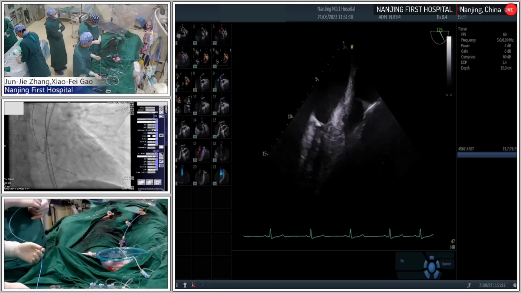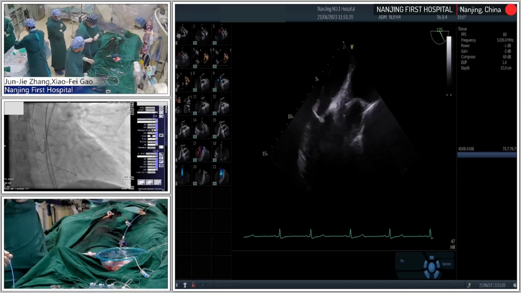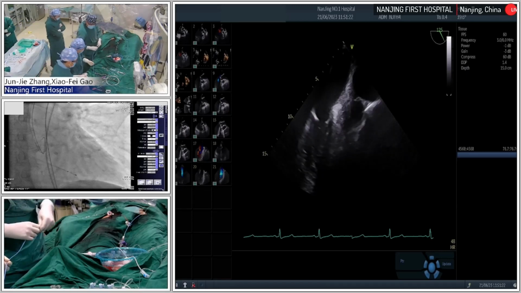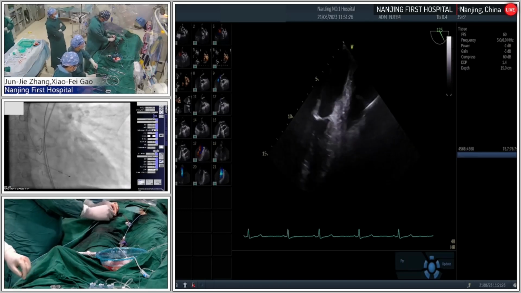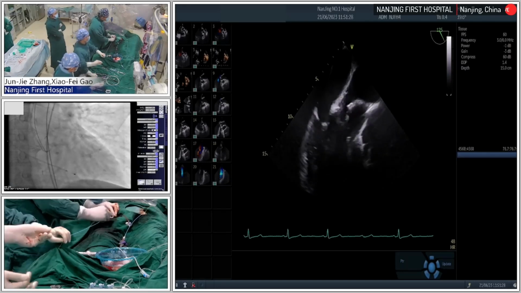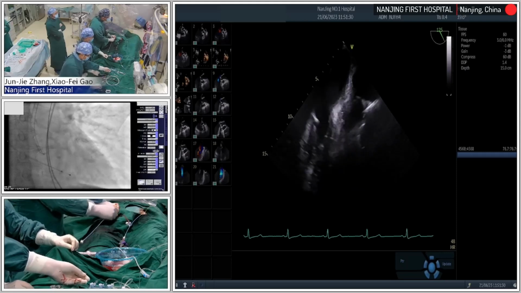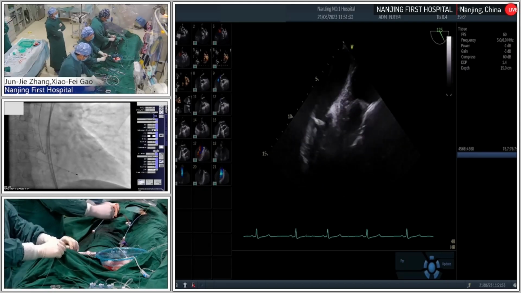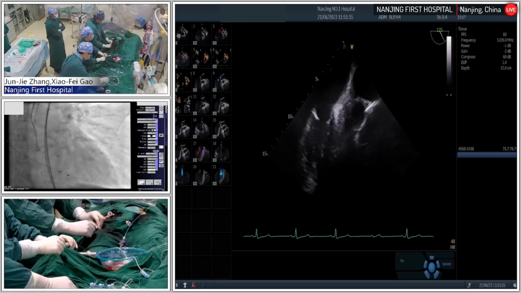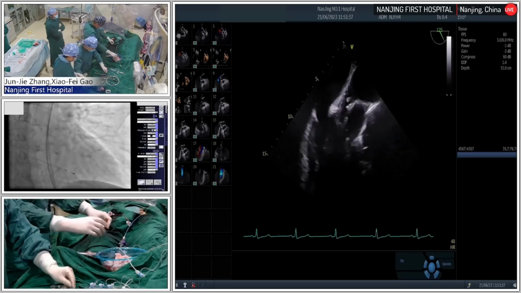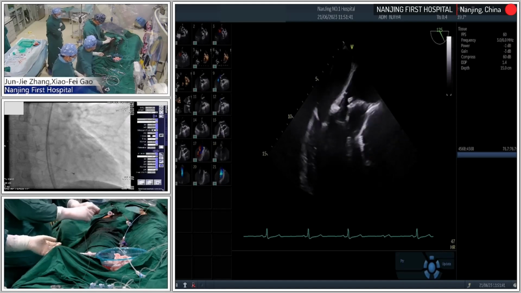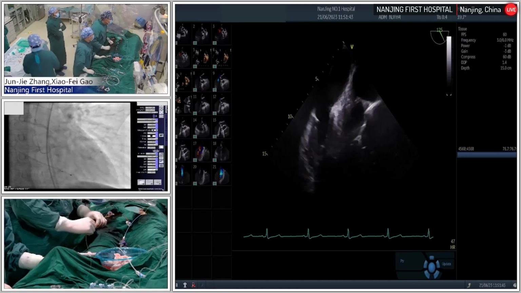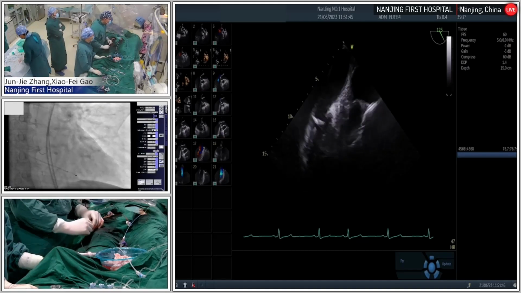But if the patient has already emerged with right side heart failure, for example severe tricuspid regurgitation, maybe we deal with the left side valve disease, but after the procedure the patient can still suffer from right heart failure. So the right heart function is one of the important indicators.